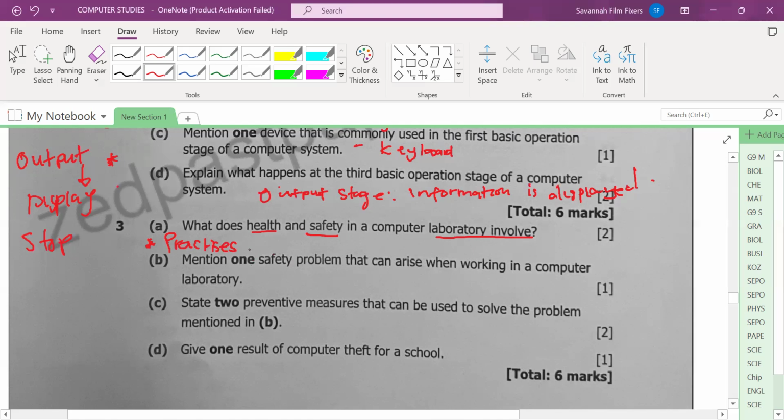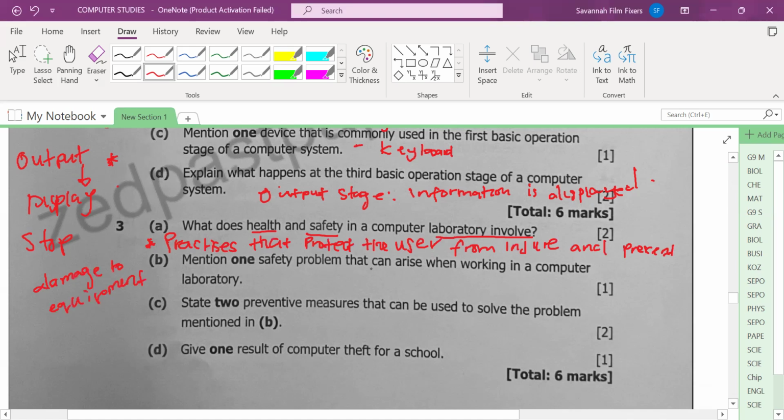So these are practices that protect the user from injury, and also prevent damage to the equipment itself.